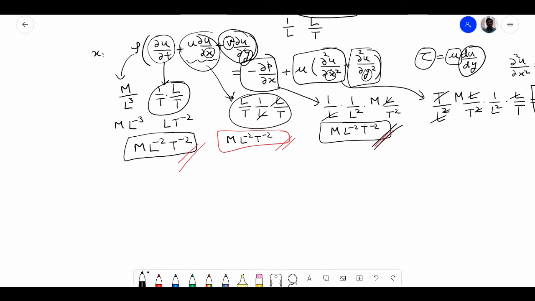So we have talked about dimensions. Now let us non-dimensionalize this equation.